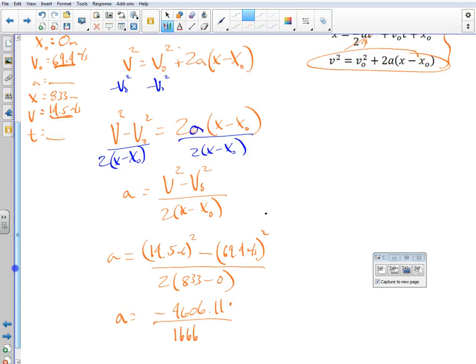This would be in the units of meters squared per second squared on top, and meters on the bottom, which makes sense, because the meter here will cancel out one of them here.